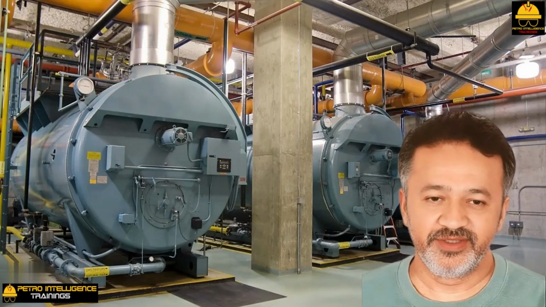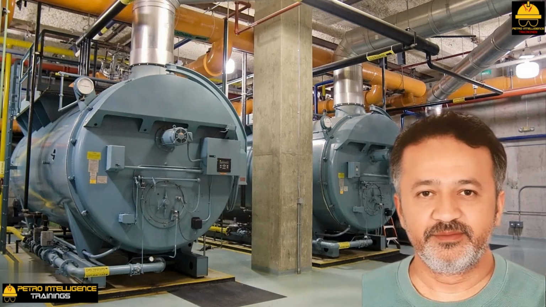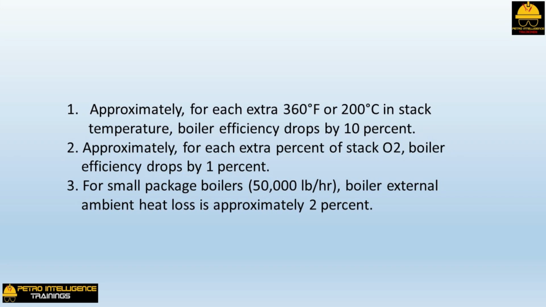Boiler thermal efficiency. To estimate the efficiency of fuel to steam, 3 factors are involved. 1. Approximately, for each extra 360 degrees Fahrenheit or 200 degrees Celsius in stack temperature, boiler efficiency drops by 10%. 2. Approximately, for each extra percent of stack O2, boiler efficiency drops by 1%. 3.